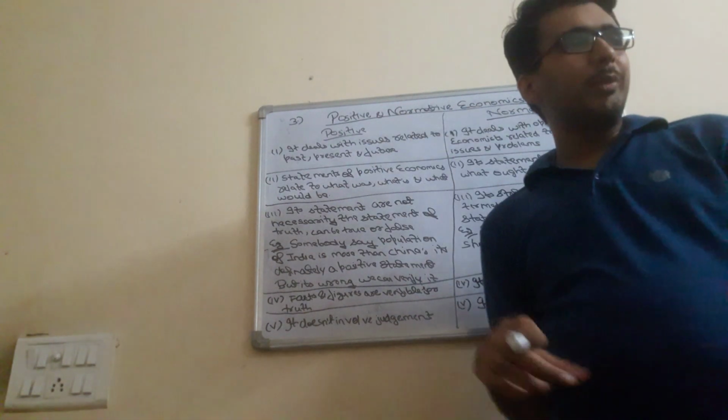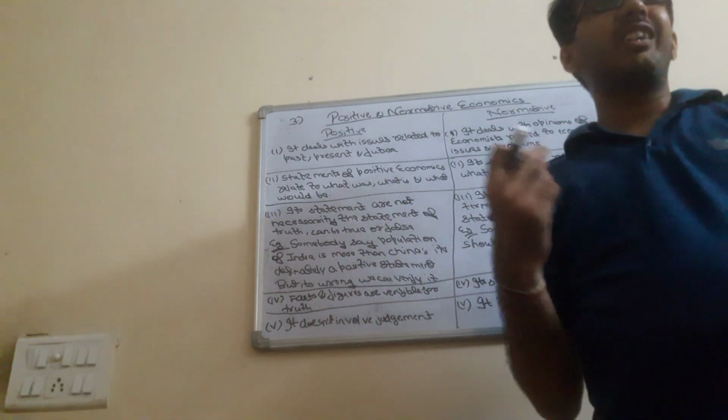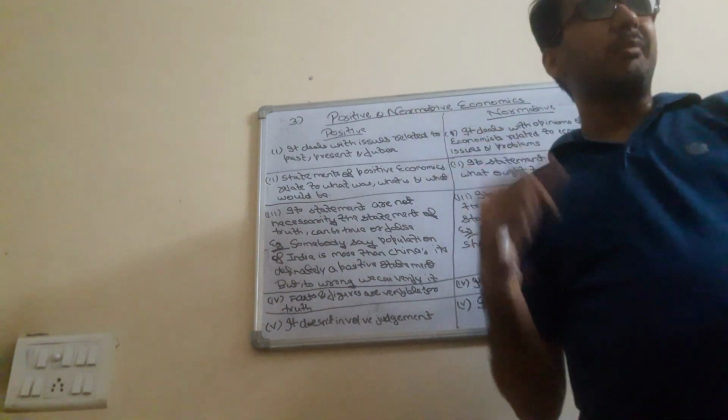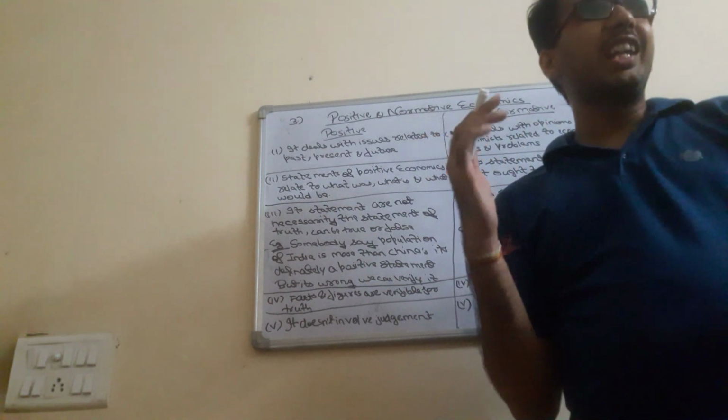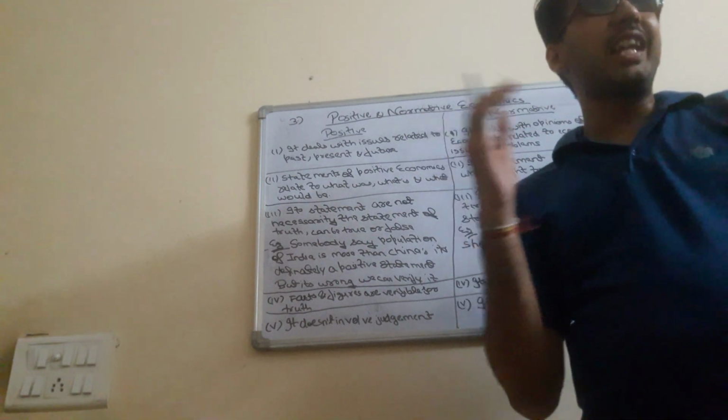So as I told you, let's go with an example. These statements are given. On the eve of independence, poverty in India affected a larger percentage of the population than now.